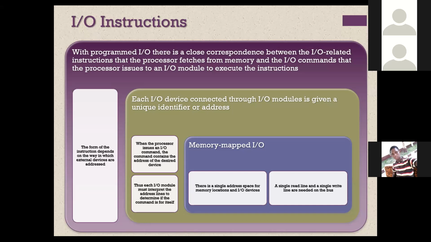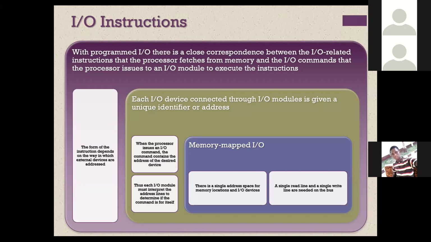When the processor, main memory, and the I/O share a common bus, two modes of addressing are possible. We have memory mapped I/O as well as isolated I/O. With memory mapped I/O, there is a single address space for memory locations and I/O devices.